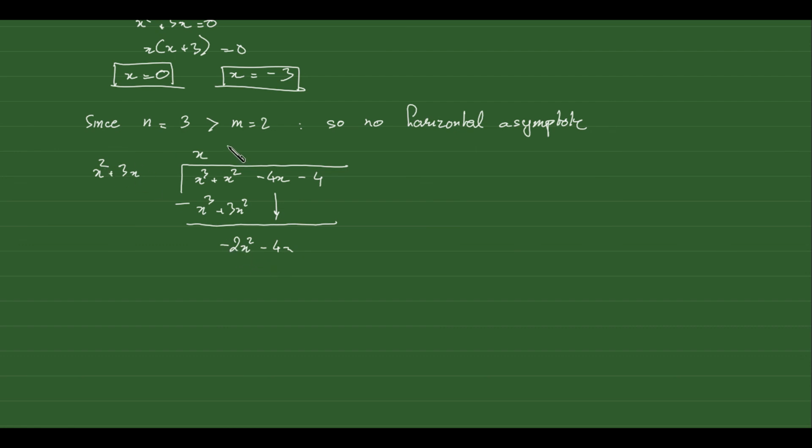Minus 2x squared going gives you minus 2, distribute gives you negative 2x squared minus 6x. Subtraction gives you 2x. Drop negative 4 down, and you see the degree over here is smaller. So the slanted asymptote will be y equals x minus 2, which is in the form y equals mx plus b.